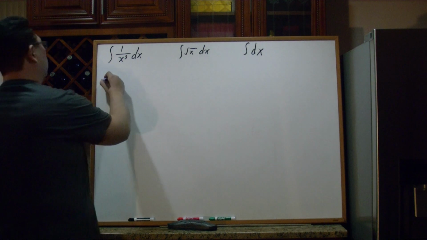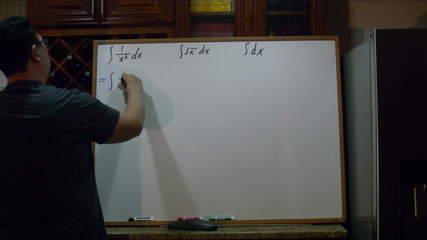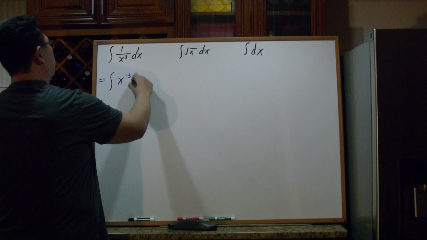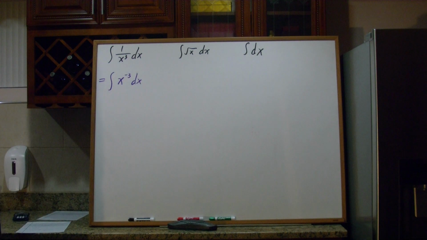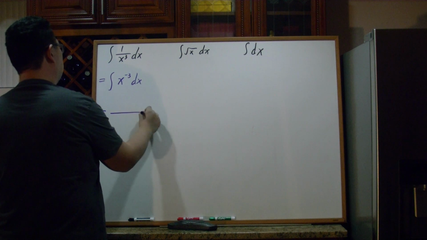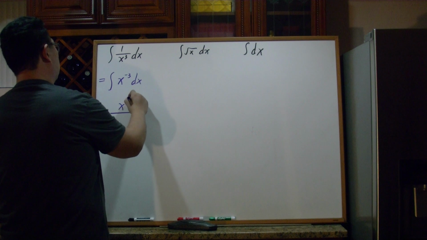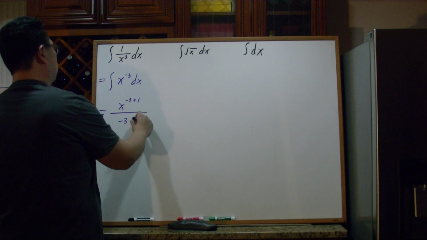To integrate it, we apply the power rule: the power will be flipped to make it x to a certain power. As long as it's not -1, we apply the power rule, x to the original power plus 1, over the new power.